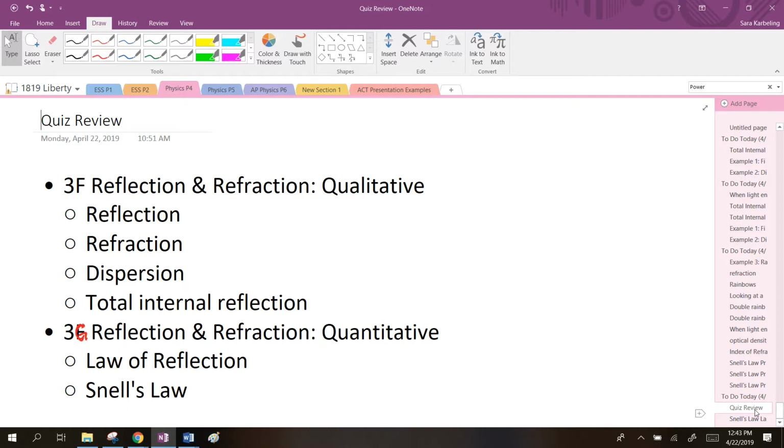That's where the numbers are going to come in: law of reflection, Snell's law. Make sense? Issues, questions? So conceptual stuff on the top part and more math stuff on the bottom? Yep, exactly. How are we doing? All right, cool.